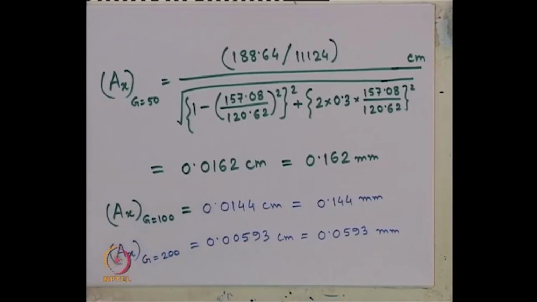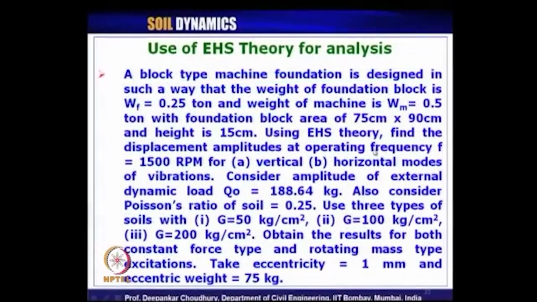So, that completes our problem, that we are able to calculate the displacement amplitude at operating frequency for both vertical and horizontal modes of vibration for different types of excitation, constant force type and rotating mass type, using the elastic half space model. Okay.